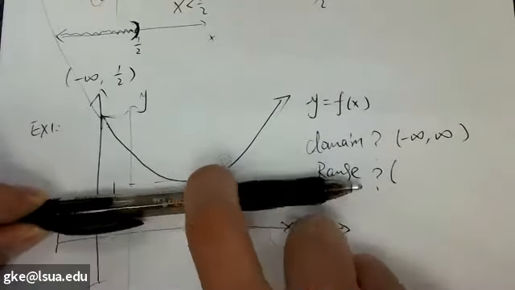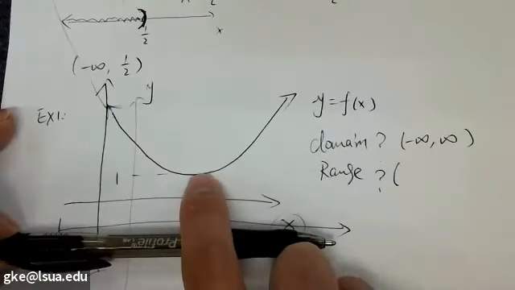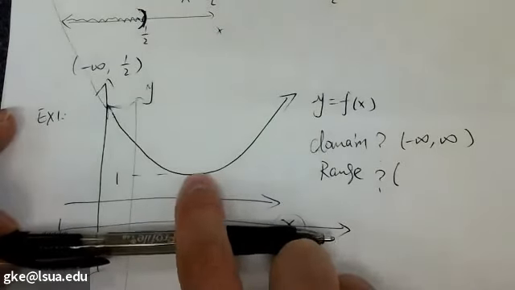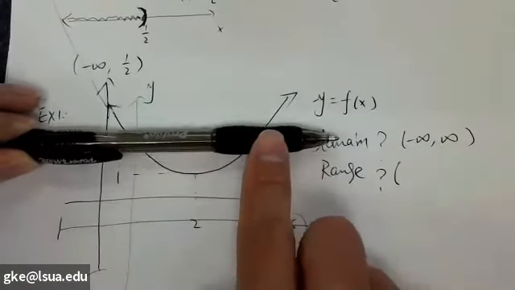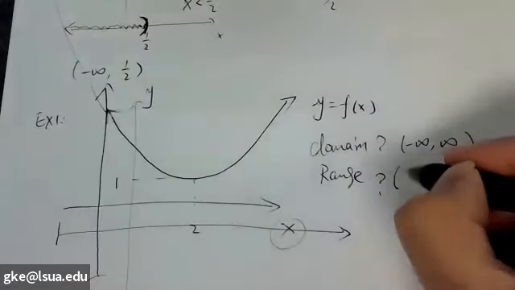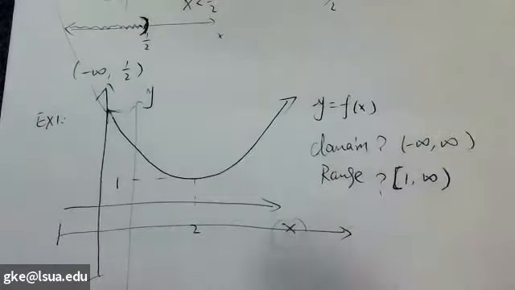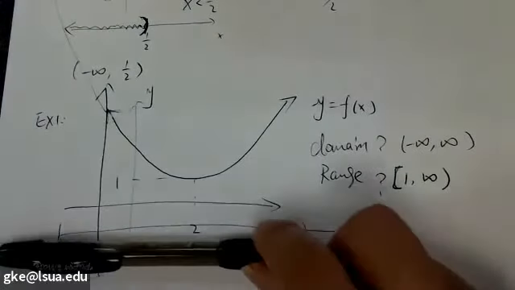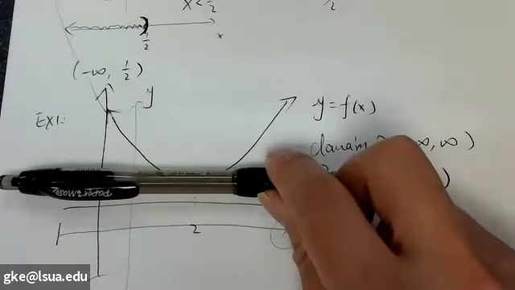We're going to start here, because this curve's smallest value is going to be 1. So it's here, moving to infinity. That means 1 to infinity, because this curve starts at this smallest value.